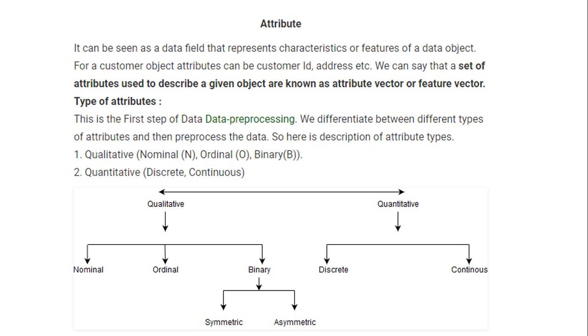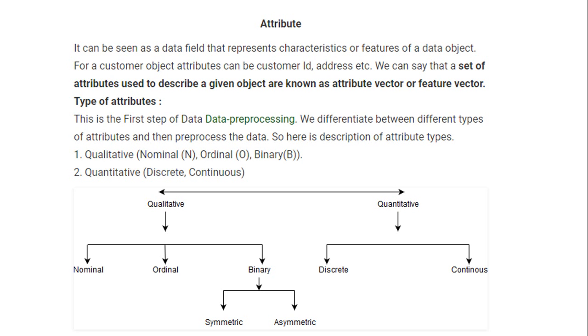So we can make a simple example of binary attributes. Given the attribute smoker describing a patient, 1 indicates that the patient smokes, while 0 indicates that the patient does not smoke. Another example is in a fraud detection system. 1 can represent that there is a fraud, while 0 can represent a transaction that is non-fraud.